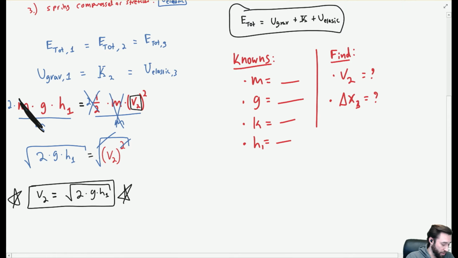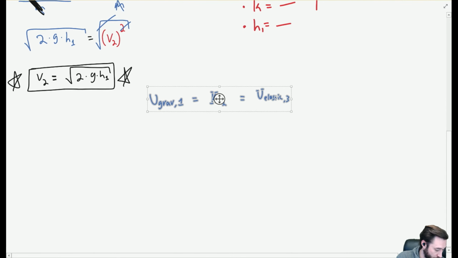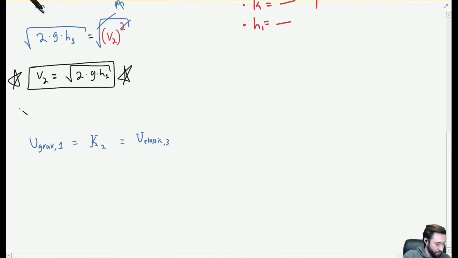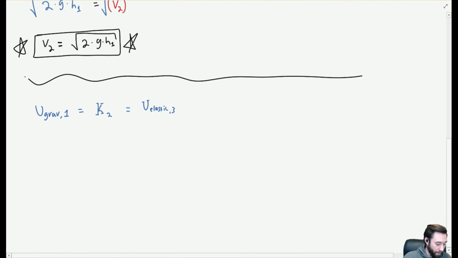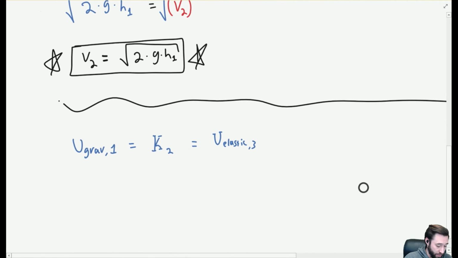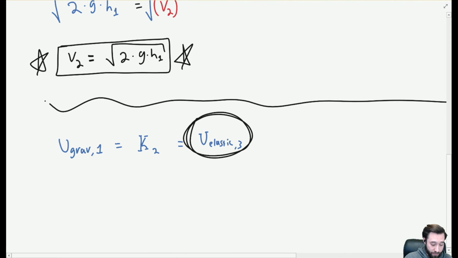And let me actually copy this down here. Okay. So my delta x at state 3 is obviously in state 3. Cool.